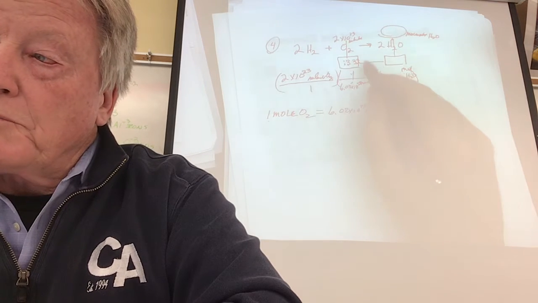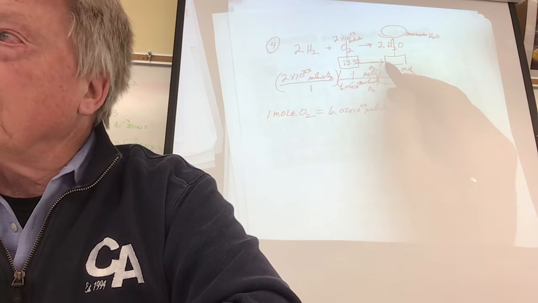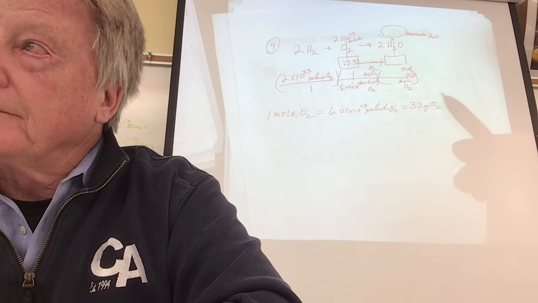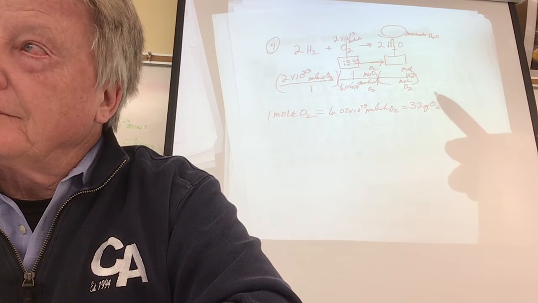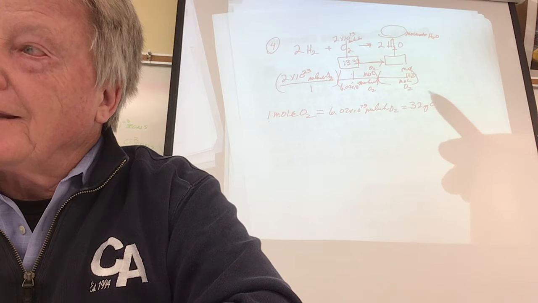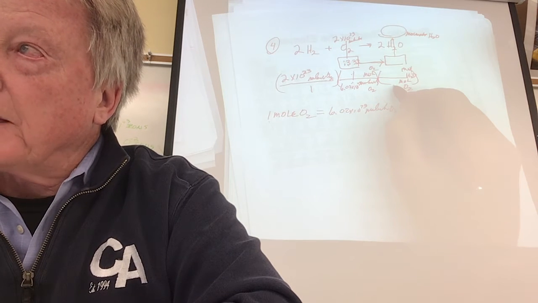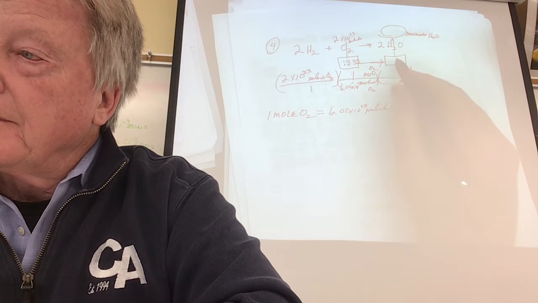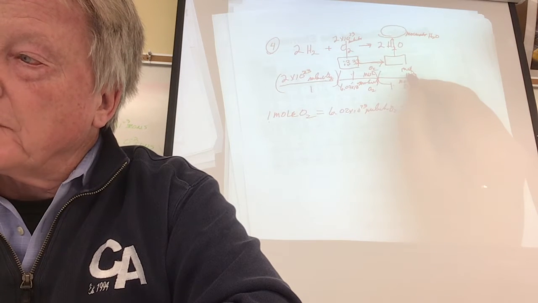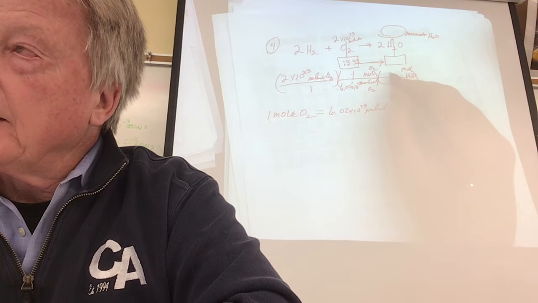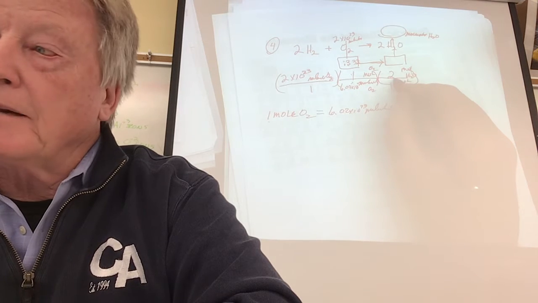Sean knows that when you move sideways in the mole world, you get your numbers from the coefficients. So help me, Sean. What's the coefficient in front of O2 in this balanced equation? 1. Yes. And what's the coefficient in front of the water? 2. Okay? Got it?